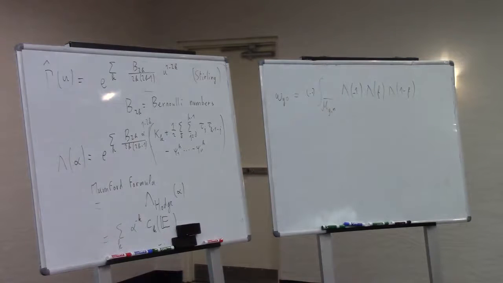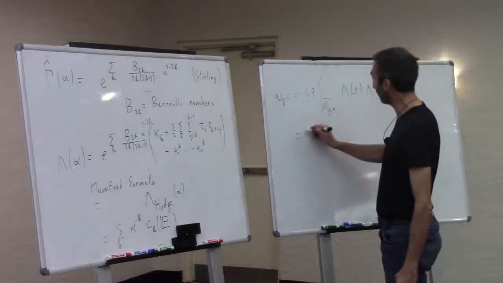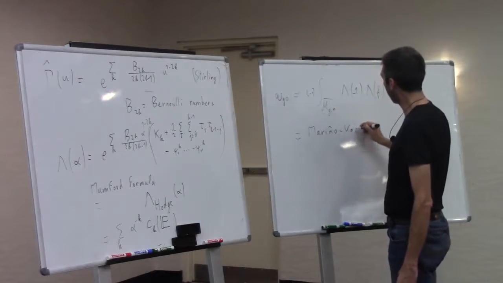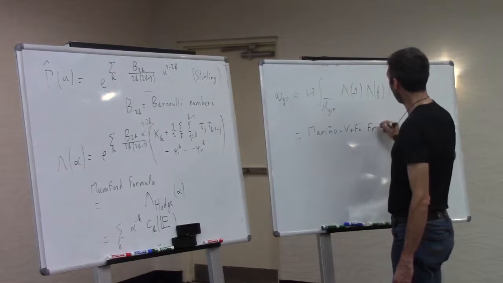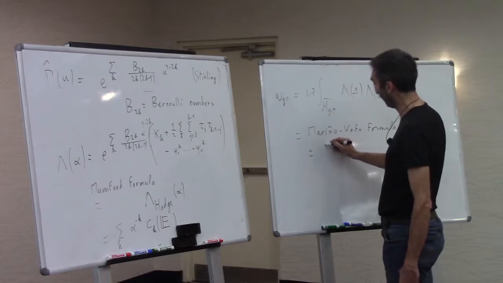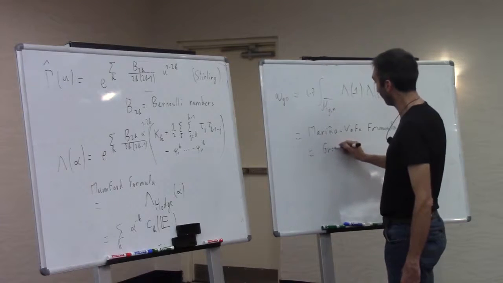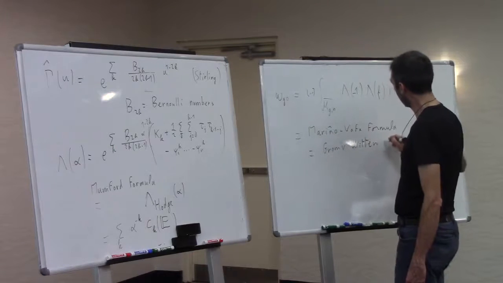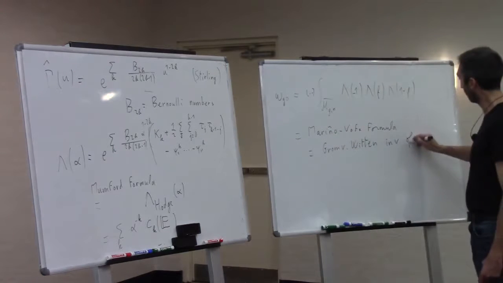This is the famous Mariño-Vafa formula, and this is the Gromov-Witten invariant of C3.